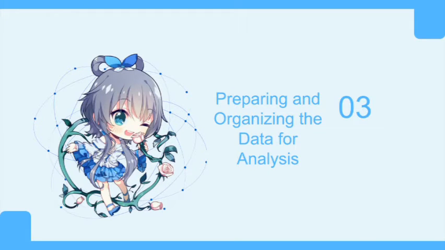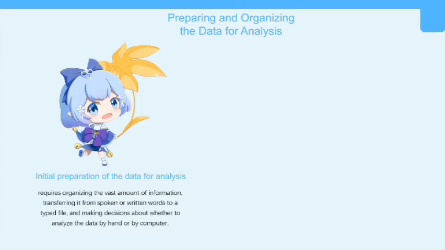Okay, the next is preparing and organizing the data for analysis. Initial preparation of data for analysis requires organizing the vast amount of information, transferring it from spoken or written word to a typed file, and making a decision about whether to analyze the data by hand or by computer.